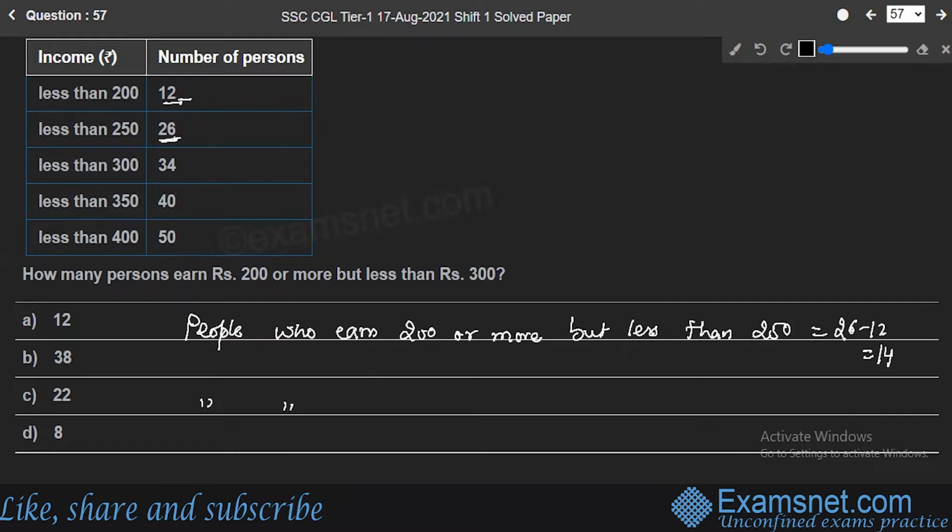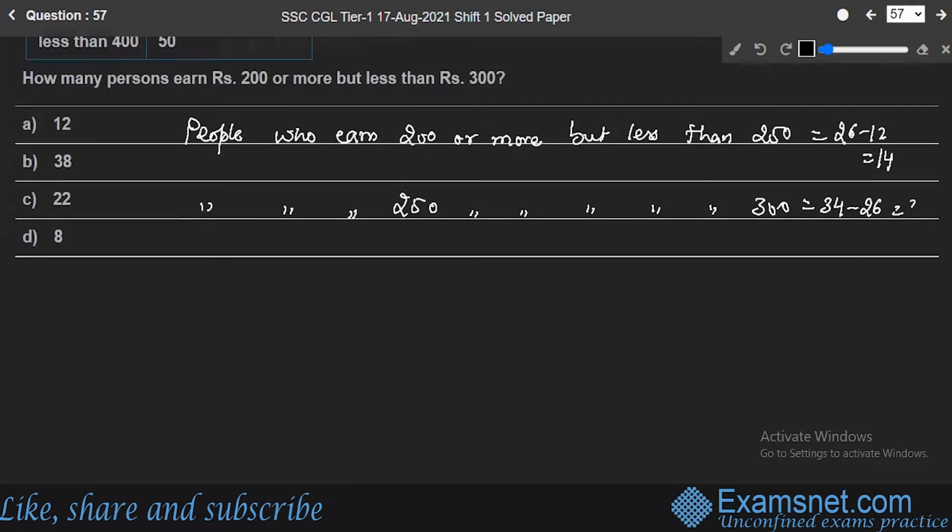Similarly, people who earn 250 or more but less than 300, that is equal to 34 minus 26, which is equal to 8. Correct?